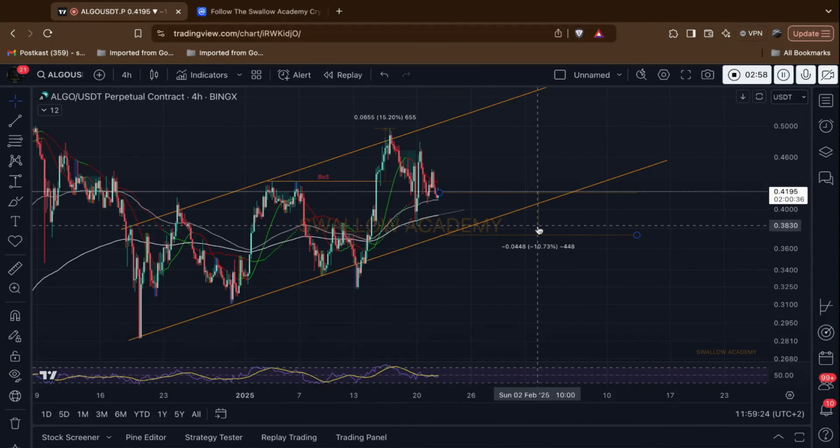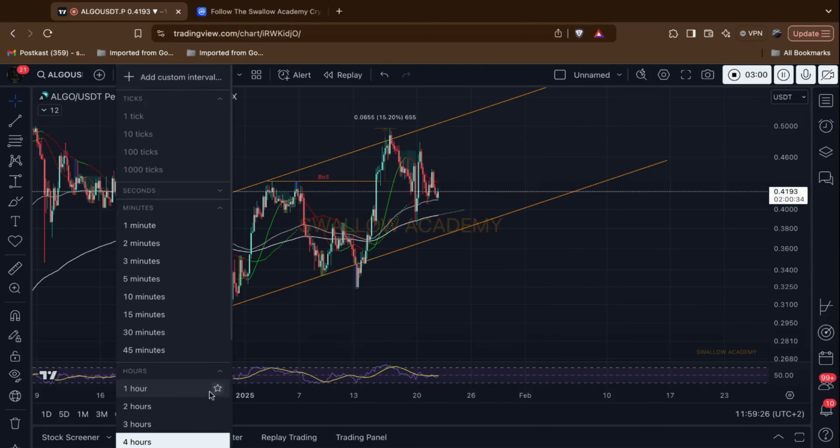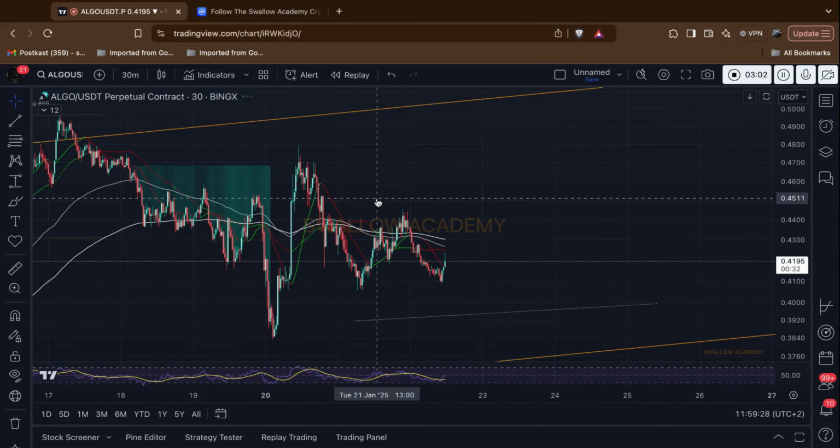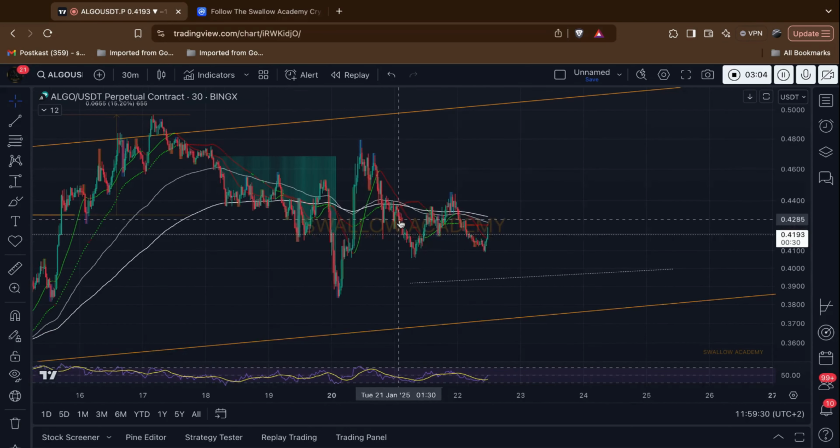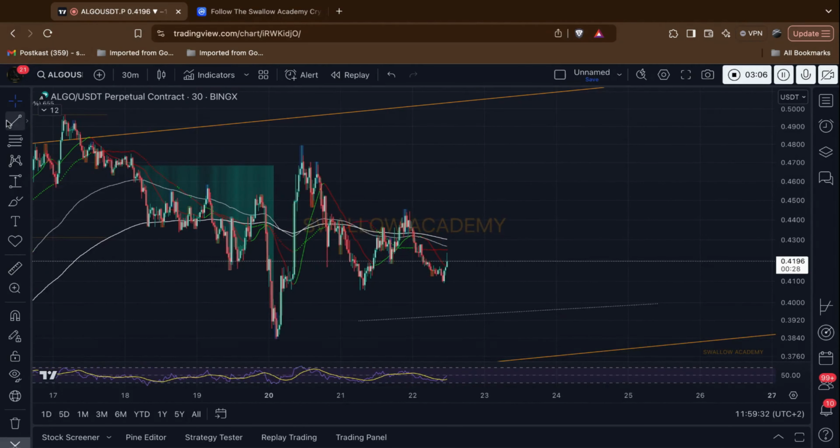Now, going on the 30-minute time frame, we see a nice dominance from sellers as of now. Basically, after having this sell-off on inauguration day and a nice pop-off, since then sellers have been dominating.